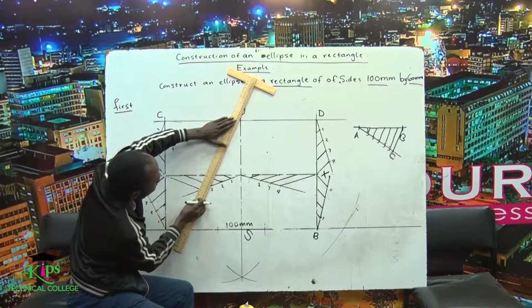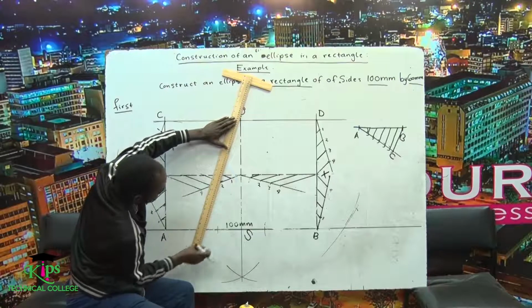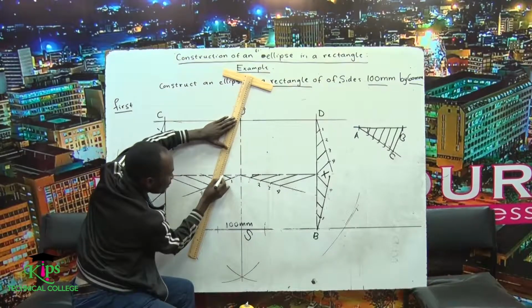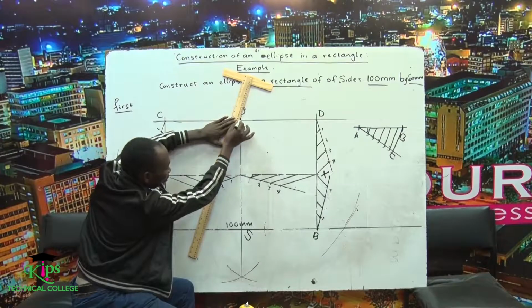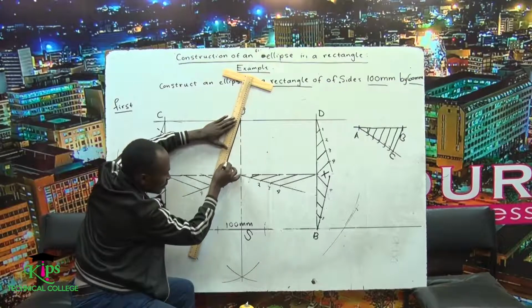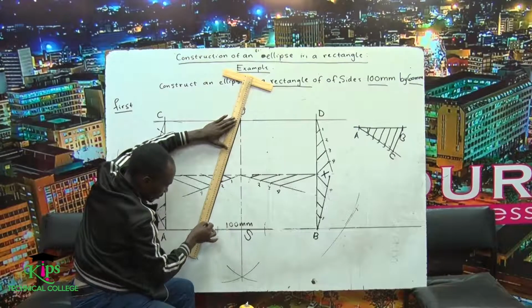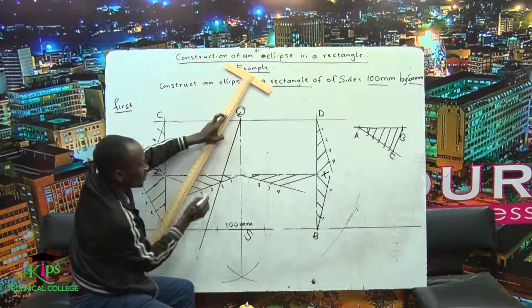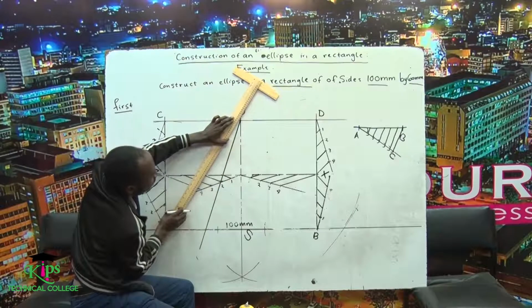So let me begin. A line from this Q to pass through this point which has been subdivided, this one. Like that. Again, draw another one to pass through this point.